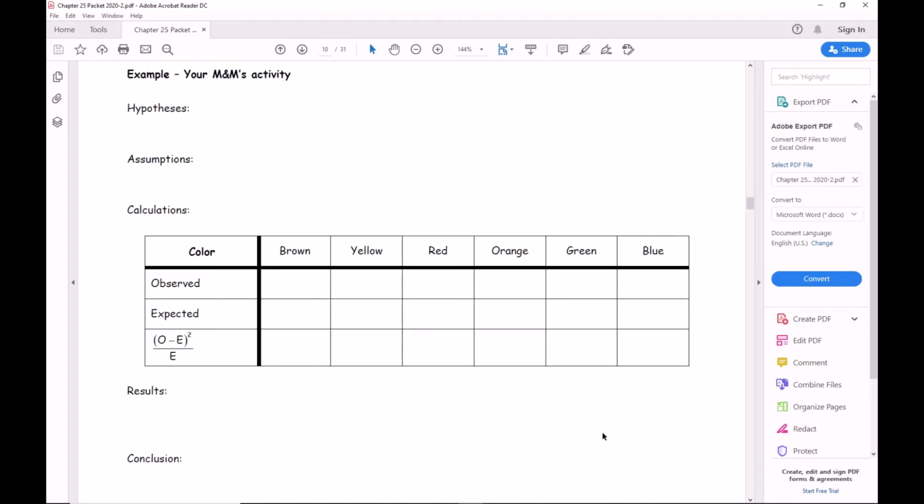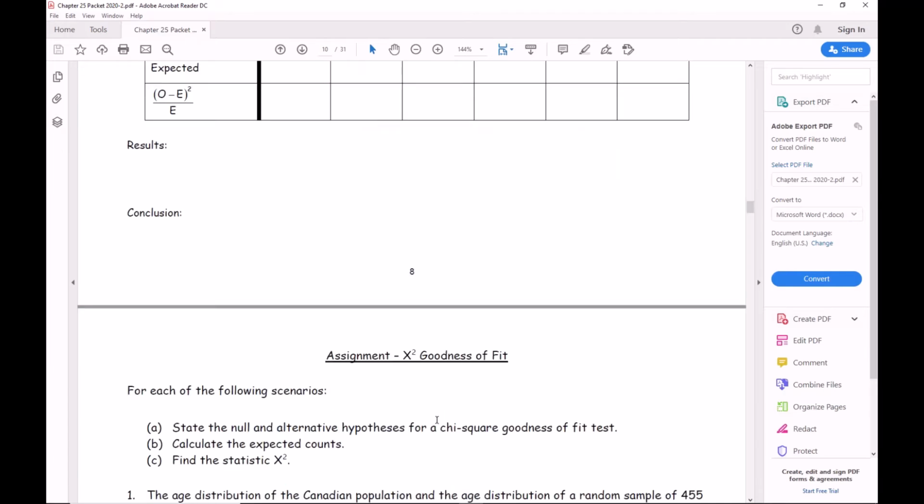All right, so if you've got a one-way table, it's goodness of fit. So make sure you're able to do those things from beginning to end. Look at your examples, look at your homework, and be able to do it. Now, on your test, the actual act of doing this is going to be a little bit lessened because there's a lot of multiple choice on this one. But you still ought to be able to do them.